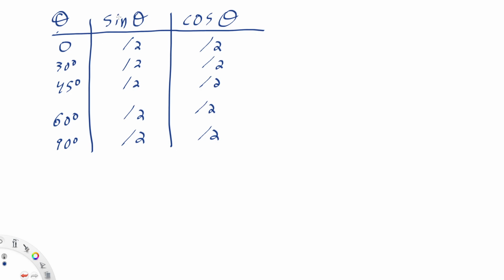The values of sine for these angles are square root of 0 over 2, square root of 1 over 2, square root of 2 over 2, square root of 3 over 2, and square root of 4 over 2. For cosine, it just goes the opposite direction. Square root of 4, square root of 3, square root of 2, square root of 1, square root of 0. The sharp-eyed among you may realize that square root of 0 is 0, and that square root of 4 over 2 is 1, but I think that this is a much easier way of remembering it.